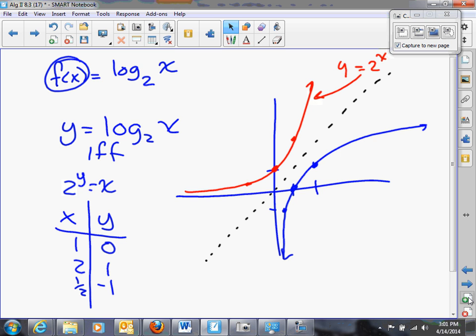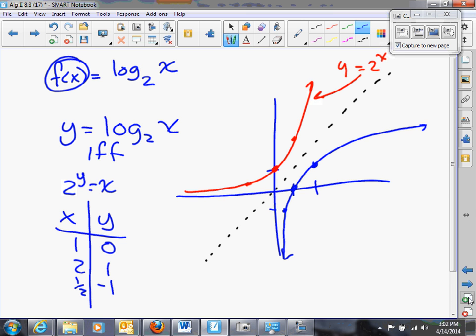So the logarithm function is an inverse function to an exponential function. Now, it is kind of important to realize that when you have a logarithmic function, the graph is going to look like an exponential function, but it's going to be reflected over the line y is equal to x.